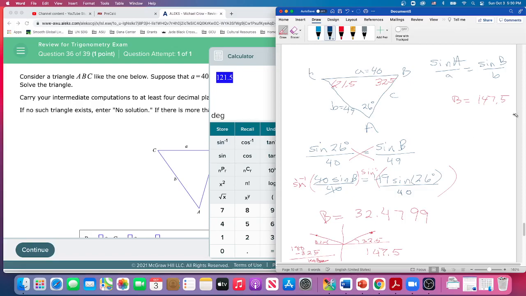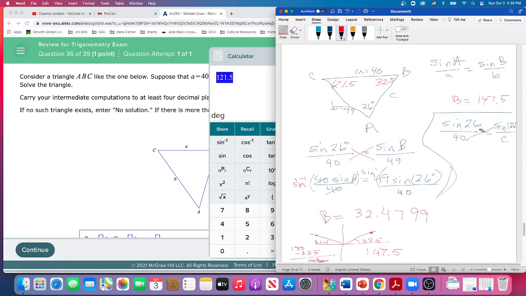Okay, so we'll stick with the sine of A, because that was given, and the 40 was given, so that's how we do it. Then we calculate the sine of 121.5 divided by the unknown.